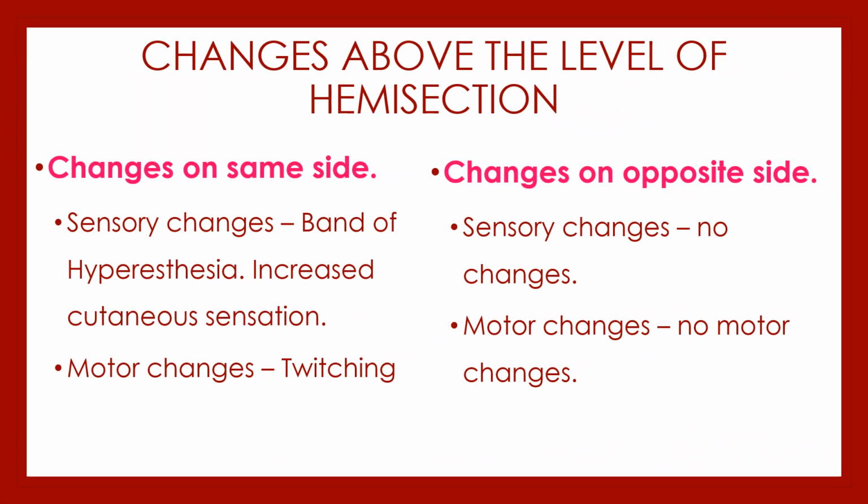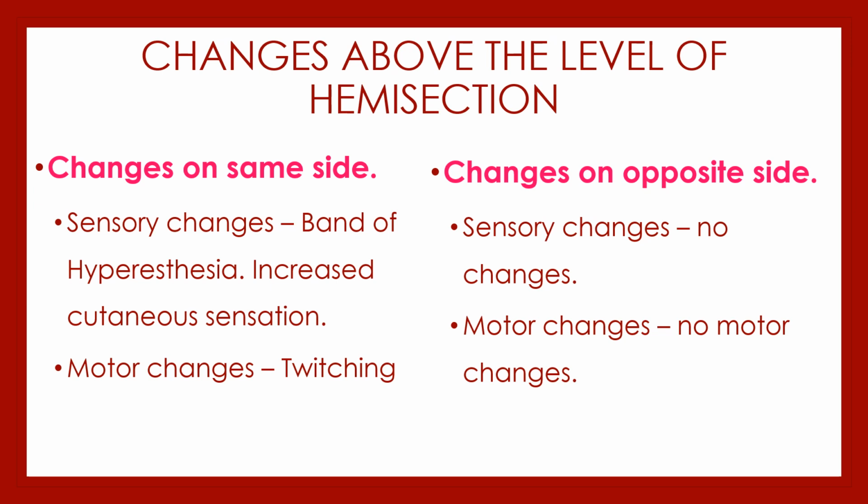Changes above the level of the hemisection, so sensory changes, band of hyperesthesia, so that is increased cutaneous sensations are present in one or two segments above the level of the hemisection on the same side. So this occurs due to the irritation of the neighboring posterior nerve roots, so above the level of the section.